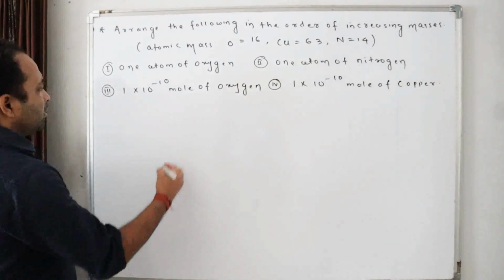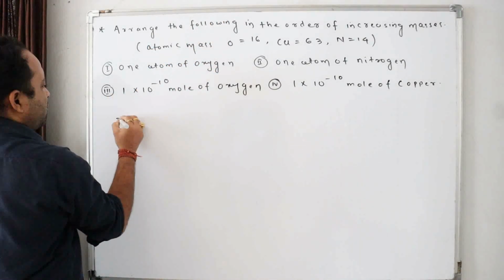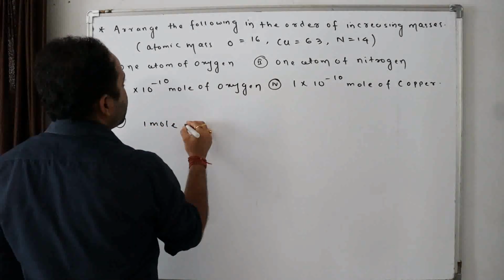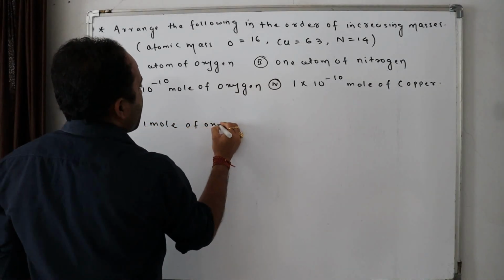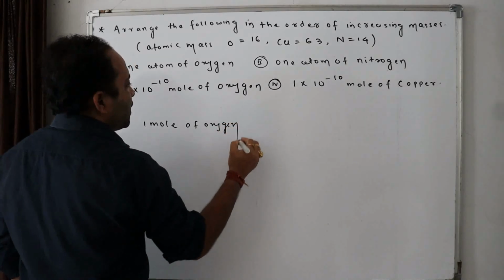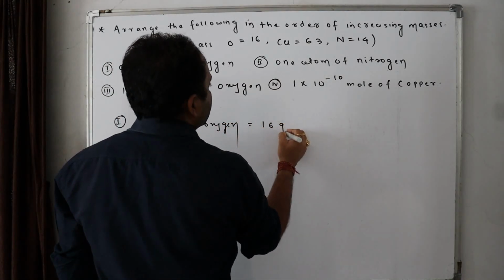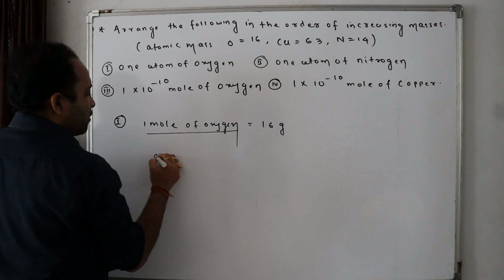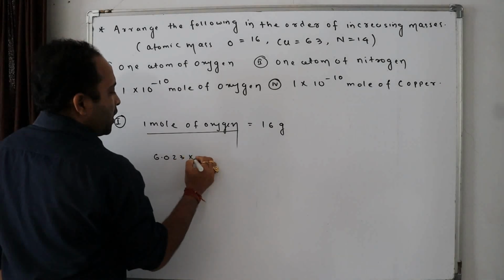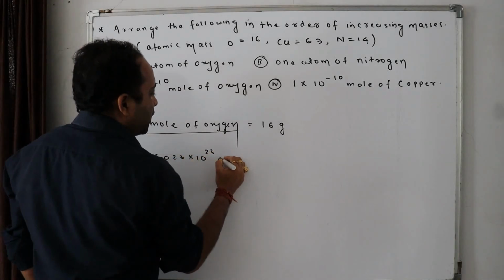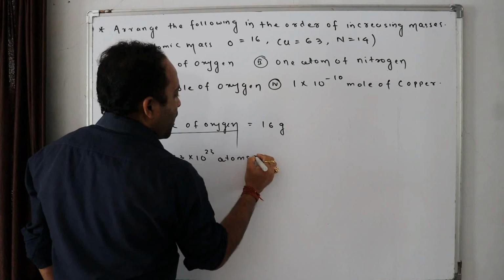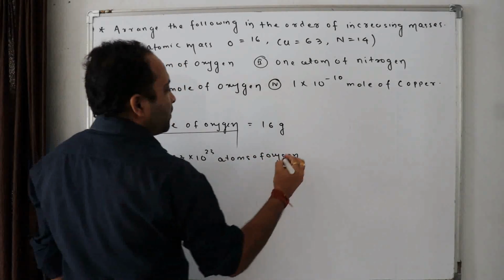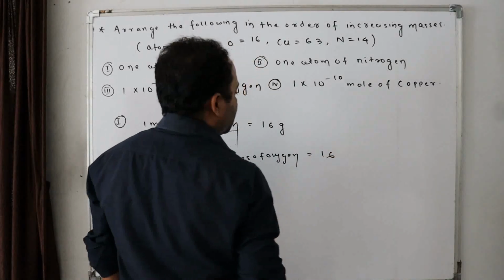Now for the first one, we know that 1 mole of oxygen has a molar mass of 16 gram. 1 mole of oxygen means how many atoms? 6.023 into 10 to the 23 atoms of oxygen. This many oxygen atoms' mass is 16 gram.